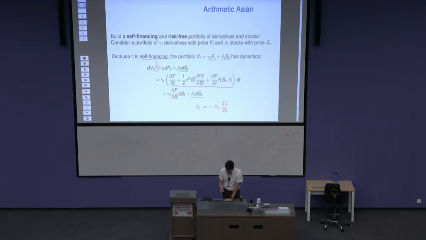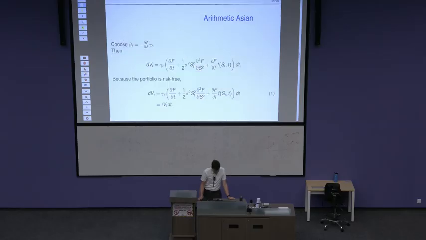And in the dt term, compared to lecture 6, this is kind of the new term. Right? This term was not there in lecture 6. And this is the term which is there because of the dependence on I, because we now have path dependence.